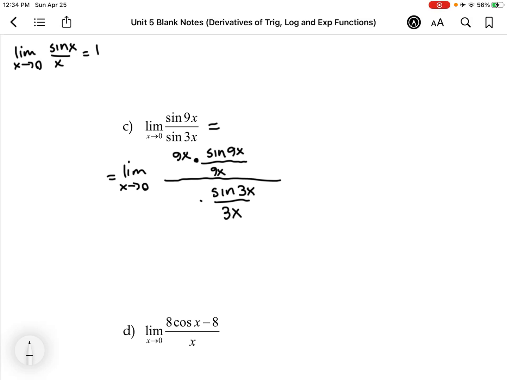And similarly, if I want to have this sine of 3x over 3x, I would have to have 3x times sine 3x over 3x. So I can achieve that, but again, it takes quite a bit of algebraic gymnastics to do that, okay?